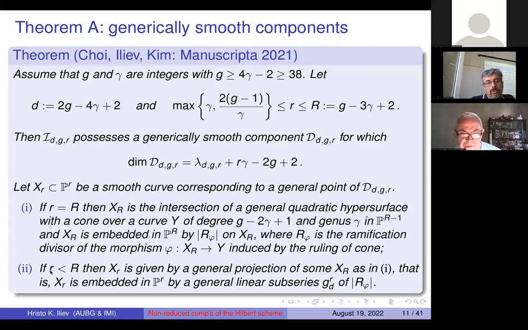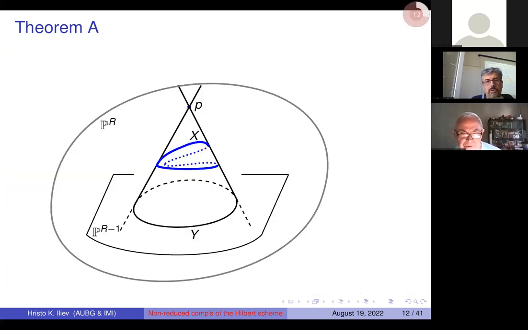And in the case when r is smaller than this number that I denote here by capital R, then the curves parameterized by the component are just general projections to a general subspace of dimension R.